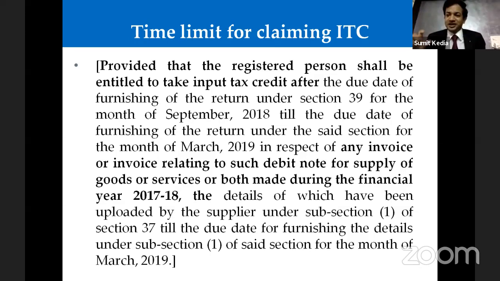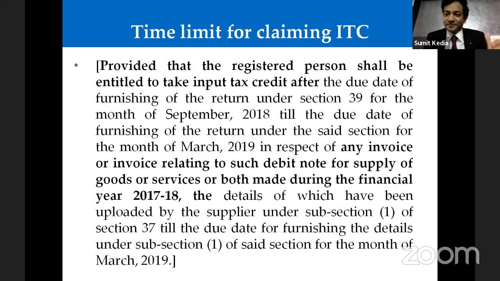So the proviso which is inserted is not in line with the provision. The provision in my last slide paid focus to the date of invoice. It said pertaining to the invoice. Here it says pertaining to the supply of goods or services. So if we go by this proviso, the year in which the supply takes place, from that year only I have to calculate the time limit.